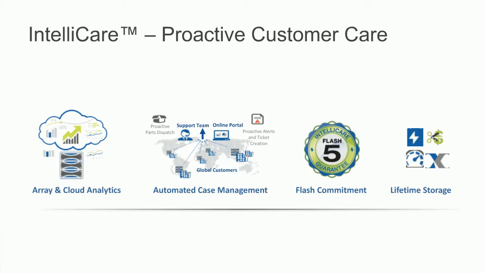We call lifetime storage, where we look at how fast flash is advancing and the costs are reducing, and we're going to forward price either 3 or 5 years out based on your finance team's depreciation schedule, and we will actually bury the price of that array cost 3 or 5 years out into the maintenance contract of today's purchase, and in 3 or 5 years out, you'll get effectively a no-cost technology upgrade that you paid for approximately 40 to 50 cents on the dollar today, amortized over 36 or 60 months.